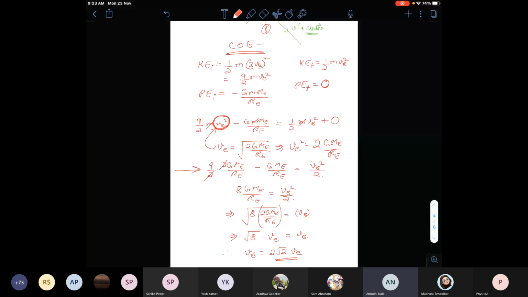Sir, I am saying that you did not shift that 2 for GME upon RE. There is no 2 in initial potential energy. This is representing initial potential energy, so I cannot introduce a 2 from somewhere.